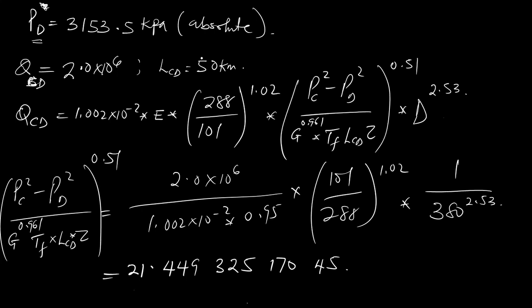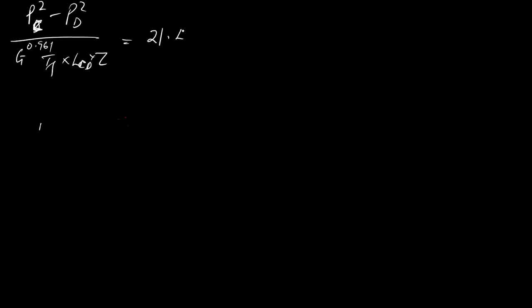Meaning that PC minus PD squared divided by G raised to power 0.961 times TF times LCD times Z will now be equal to 21.449,325,170 times 4, all raised to power 1 all over 0.51.